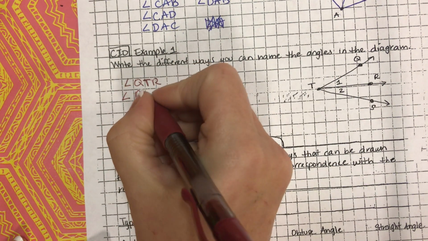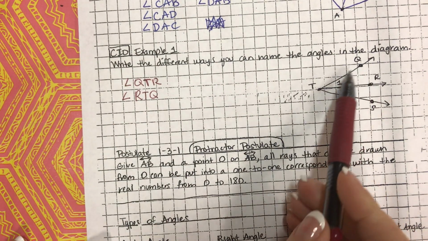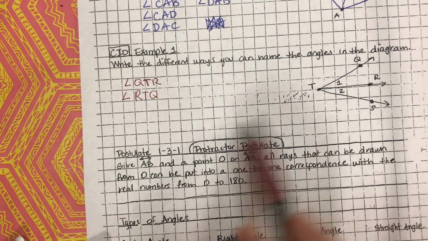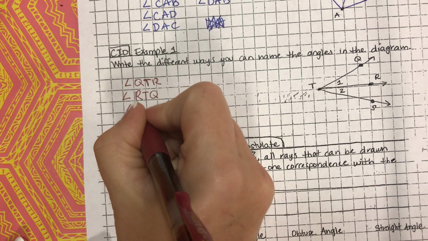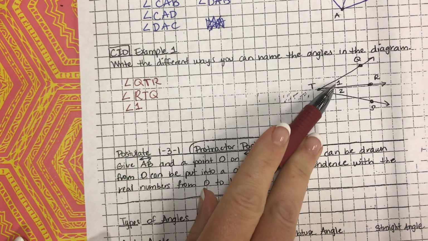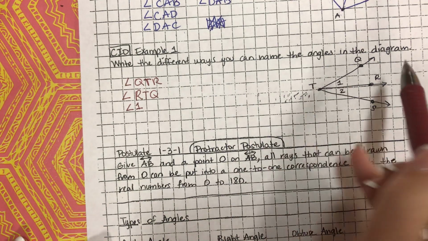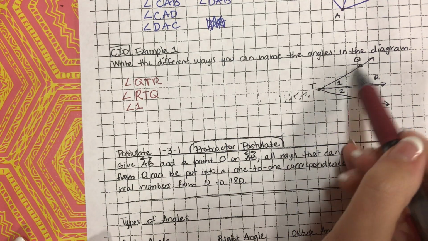Angle RTQ, and you always have to use that angle. The last way I could talk about this one is just by calling it angle 1. And if I say angle 1, it's different than angle T because 1 is right there in that angle. So if I say angle 1, you know exactly what angle I'm talking about. Okay, so those are 3 different ways to write this particular angle.